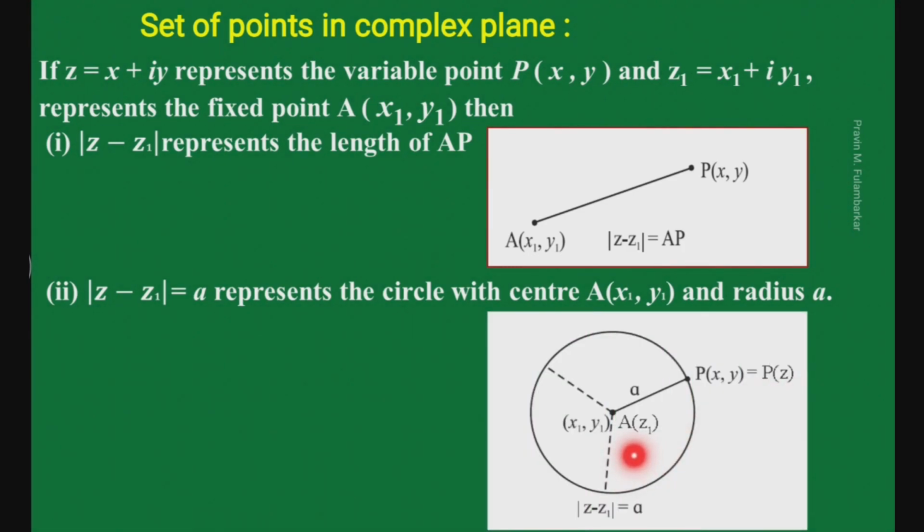So here we consider fixed point A of z1 and variable point P of (x, y), which is P of z. When we consider any point on this circumference, the distance of that point from this fixed point A is fixed, that is a, which we call the radius. So this modulus of z minus z1 equals a, which is the radius.